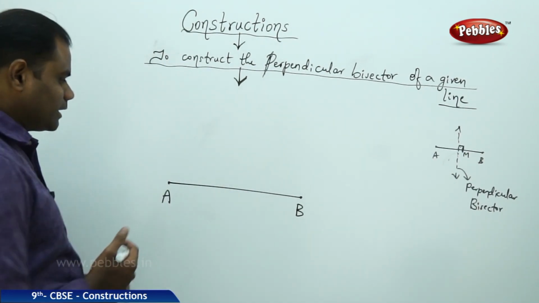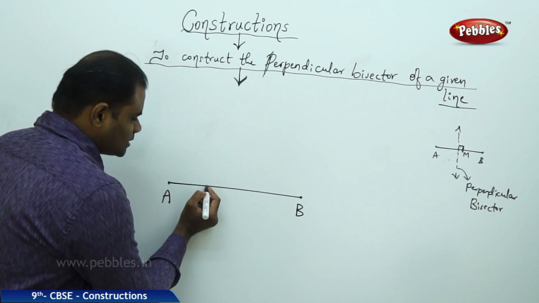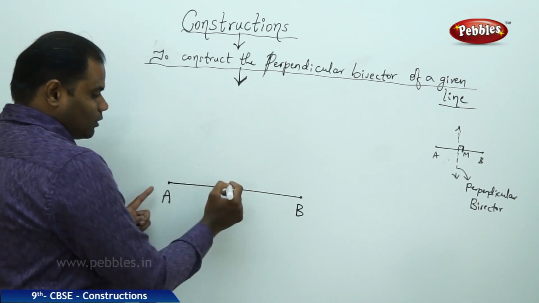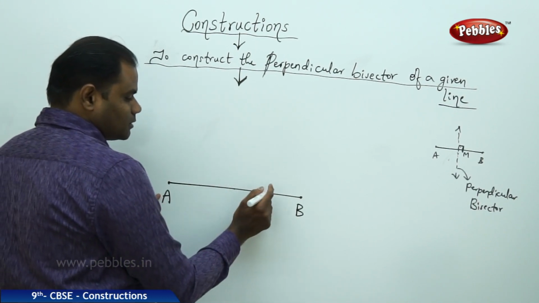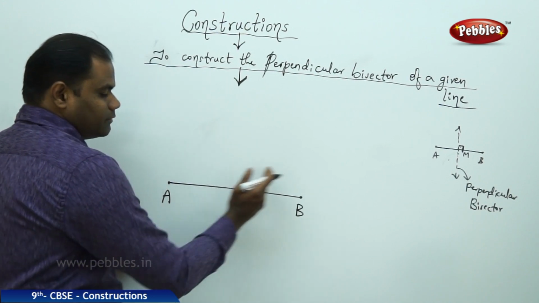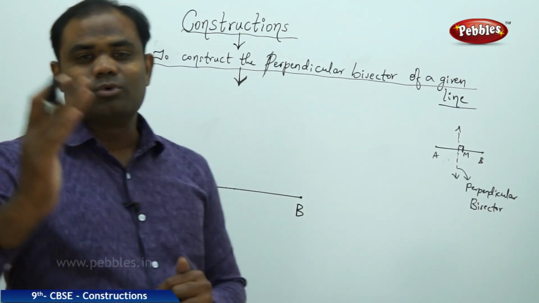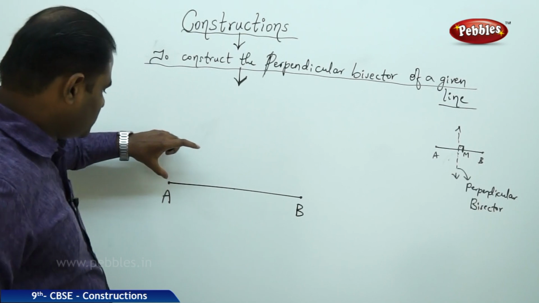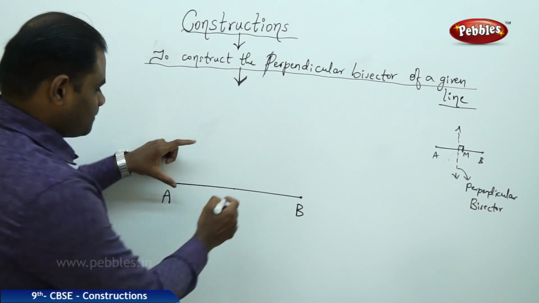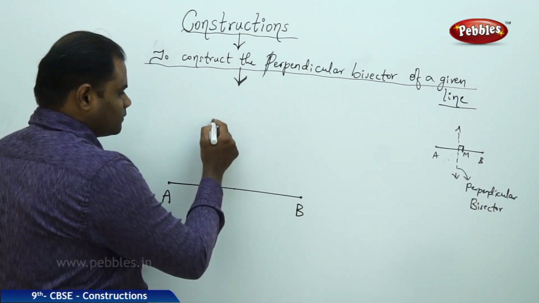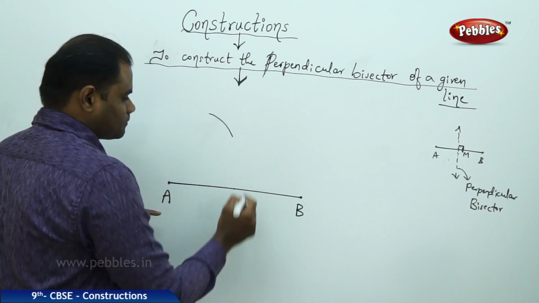That means I cannot take a radius which is less than half and cut an arc. I always take something till here or here or here, which is approximately more than half. So putting the compass pointed at A, I take the radius more than half and then cut an arc.